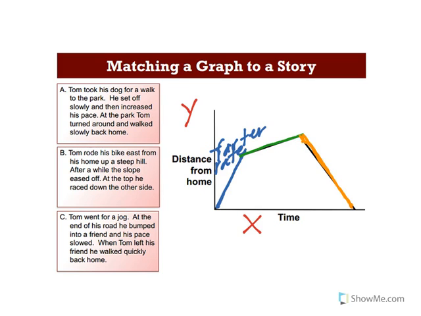The best scenario that this represents in the graph would be that Tom went for a jog because he had a faster rate. At the end of his road, he bumped into a friend and his pace slowed, which you can see with the green. When Tom left his friend, he walked quickly back home. So since his distance is negative, that means that he's going back to where he came from and that he's walking back home. So C would be the best answer.